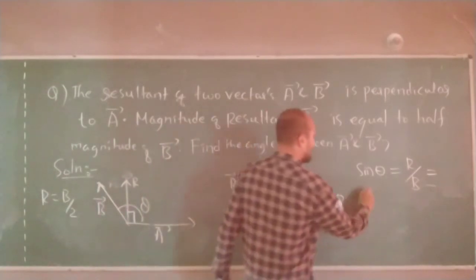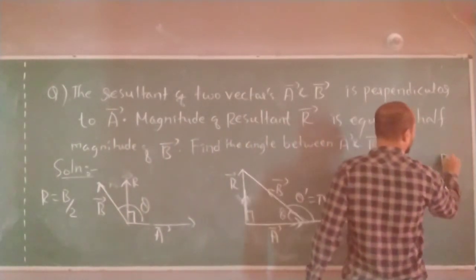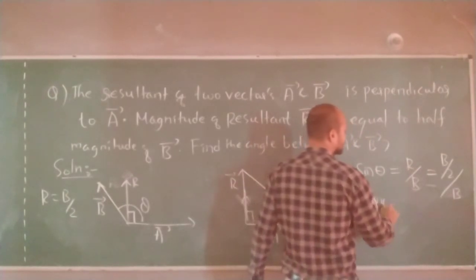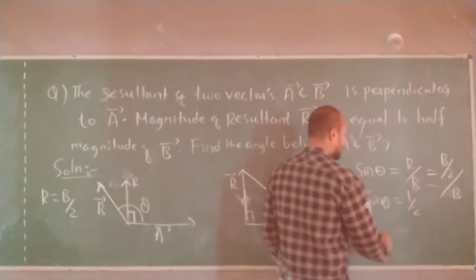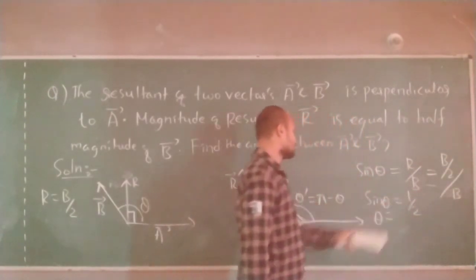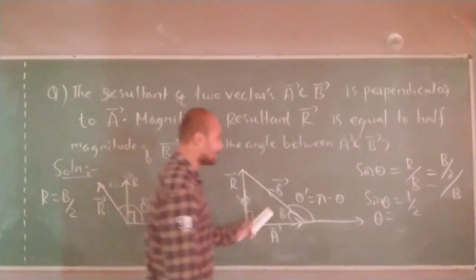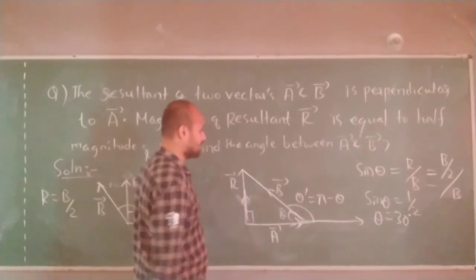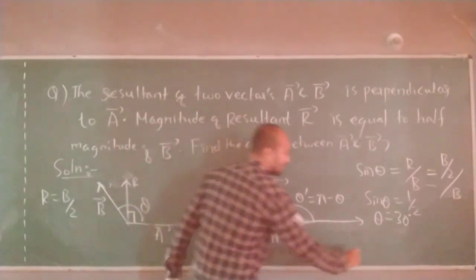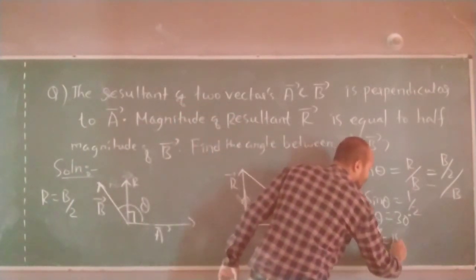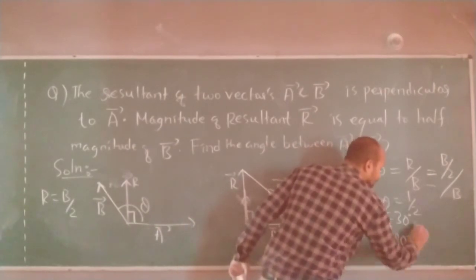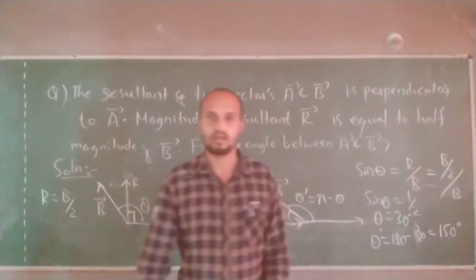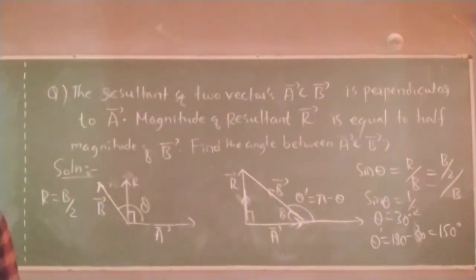So sin theta will be equal to B by 2 whole divided by B. So sin theta is equal to 1 by 2. When sin theta is equal to 1 by 2, theta will be equal to 30 degrees. Theta equal to 30 degrees means what will be the angle between two vectors? Theta dash is equal to 180 minus 30 degrees. That is 150 degrees.